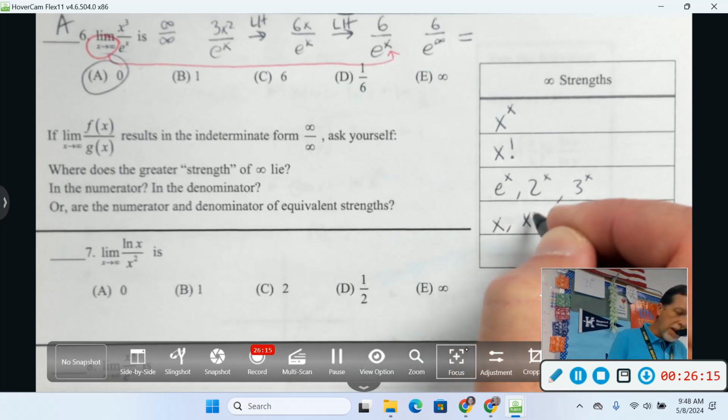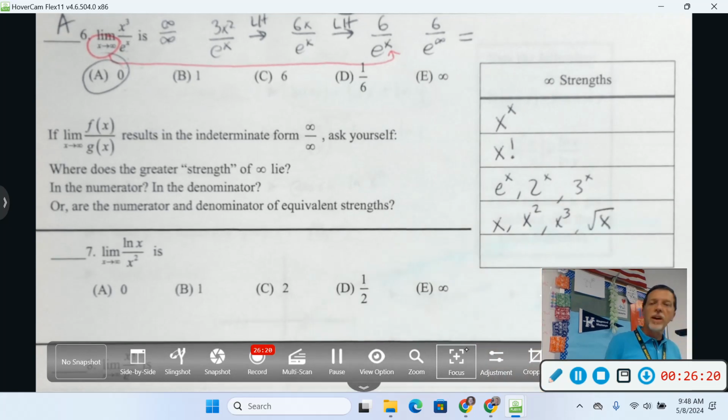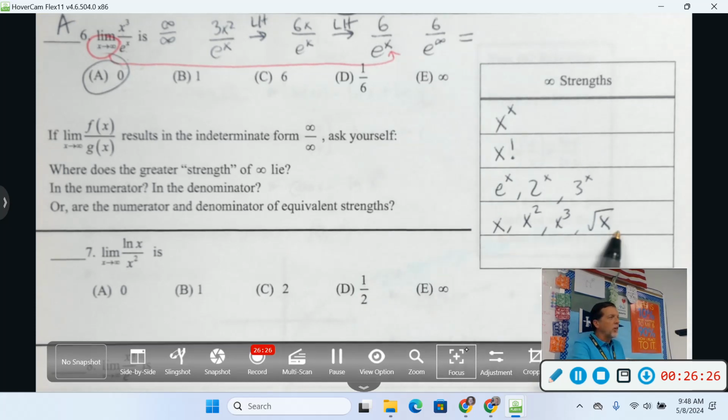Down from there would be x, x squared, x cubed, powers of x, square root of x. Because if x is 1,000, you're not multiplying 1,000 things. Maybe you're squaring 1,000 or cubing 1,000, but that's still way less than any of the others.